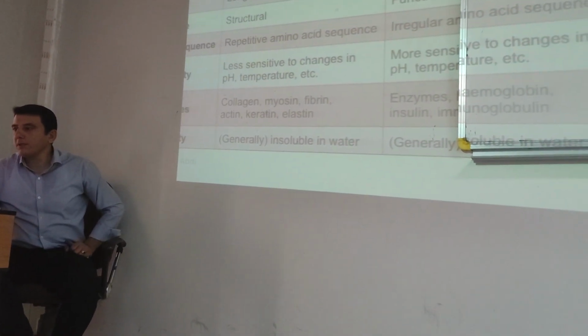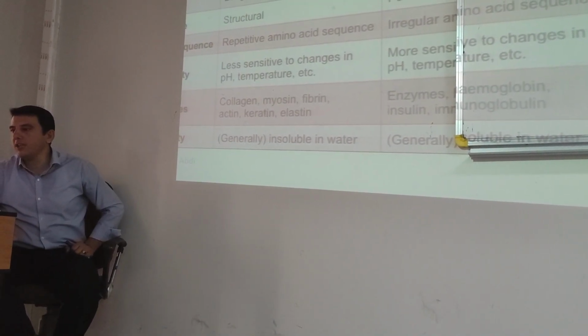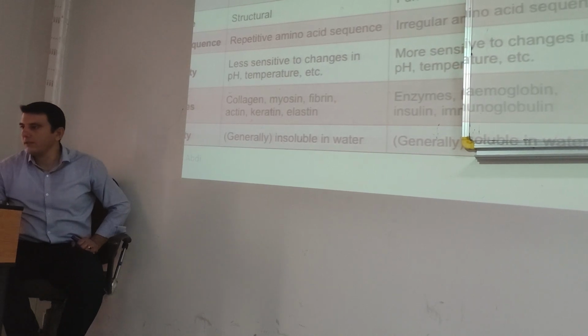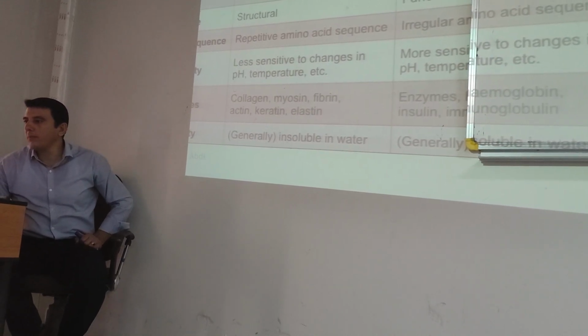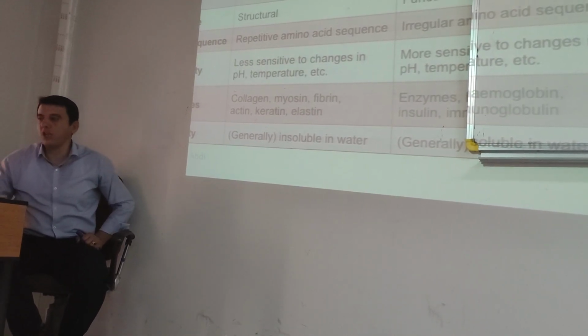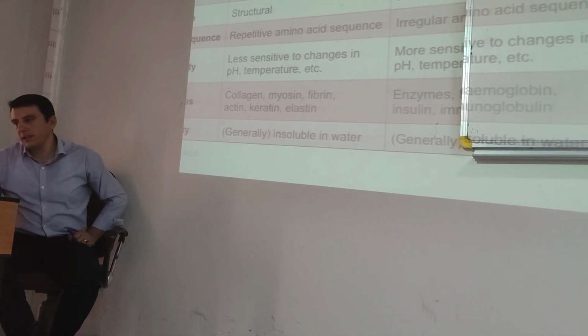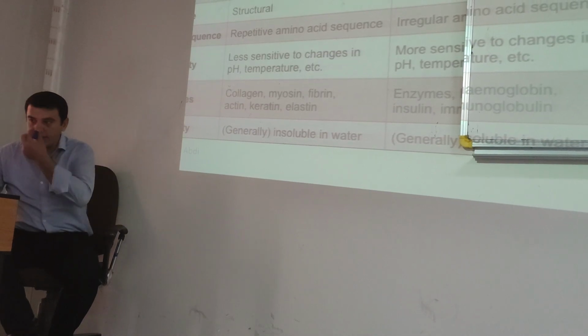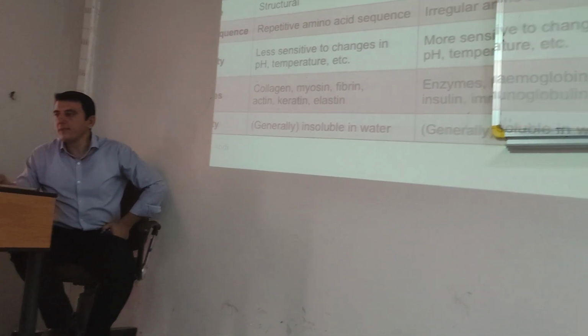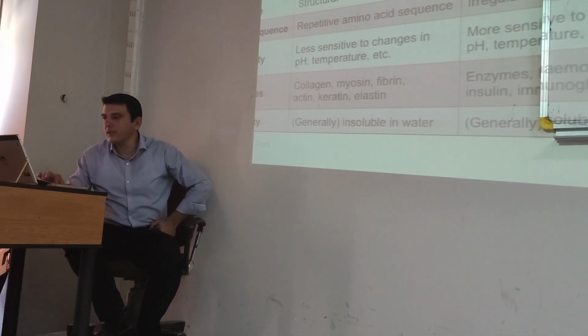The other. Fibrous proteins are less sensitive to change in pH, temperature, etc. However, globular proteins are more sensitive to change in pH. Examples are collagen and myosin for fibrous, and for globular, enzymes and hemoglobin. Solubility. Fibrous proteins are insoluble in water.